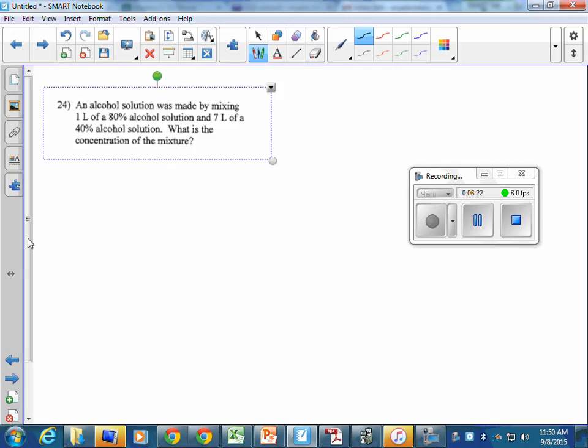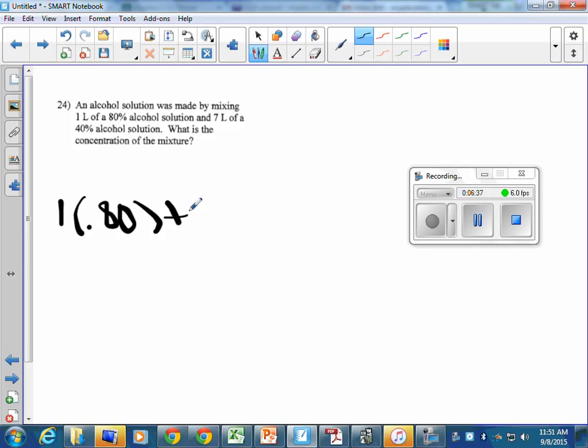All right, number 24, last one that's kind of like this, and then I'm going to go to my distance word problems. An alcohol solution was made by mixing 1 liter of an 80% alcohol solution and 7 liters of a 40% alcohol solution. If I'm mixing 1 liter and 7 liters, I'm going to come up with 8 liters. What I've got to find is the concentration of those 8 liters.